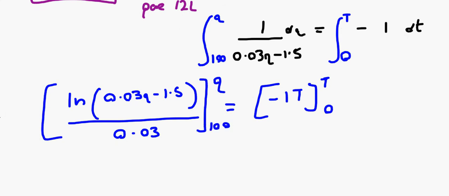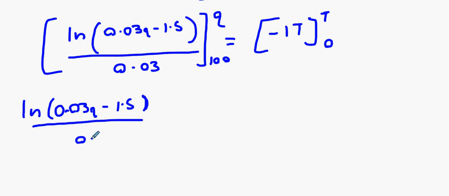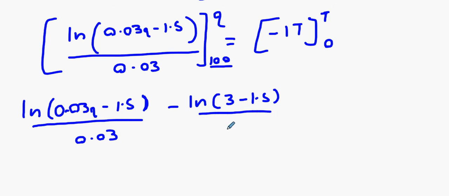Now get this, it's going to be ln of 0.03q minus 1.5 all over 0.03, minus ln of, now 100 times 0.03 is 3, 3 take away 1.5. All of a sudden this is a positive log, which is no problem. Oh, it's so annoying.